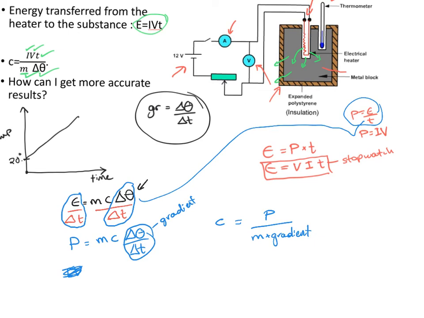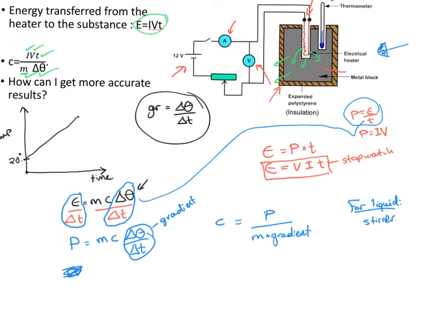You can also do this experiment for a liquid. You will still have a heater. You also have a shield around it so that you can insulate it. But the only difference is that to determine the specific heat capacity of a liquid, you will need a stirrer.